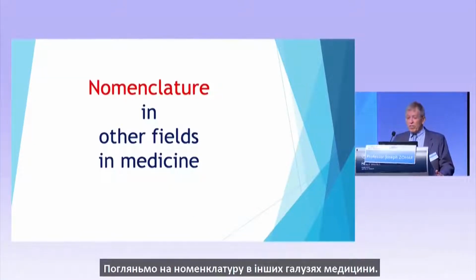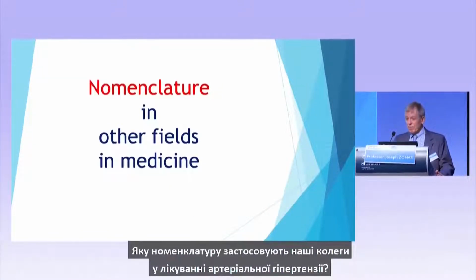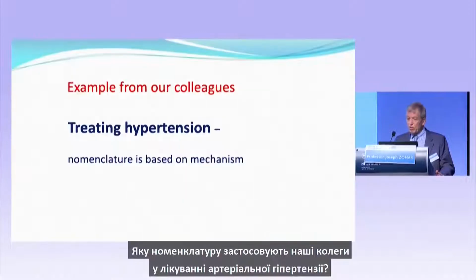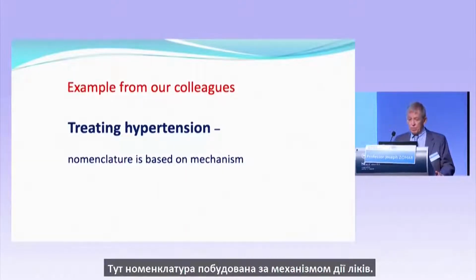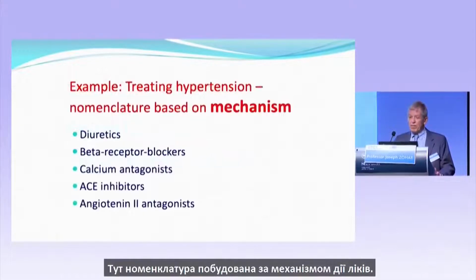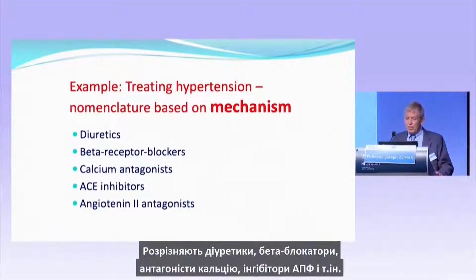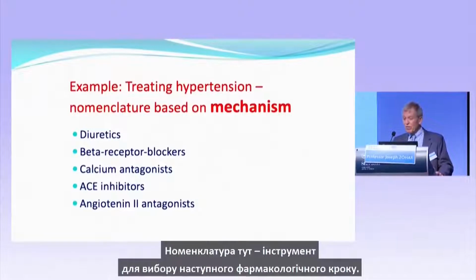Let's look at nomenclature in other fields in medicine. Let's look at our colleagues who treat hypertension. Their nomenclature is based on mechanism. They are talking about diuretics, beta receptor blocker, calcium antagonist, ACE inhibitor, and so on.